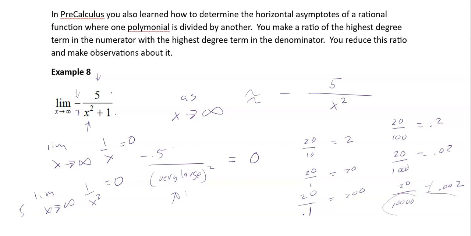Now, you get negative 0 in this case, but there's no such thing. So the limit as x goes to infinity of negative 5 over x squared plus 1 is indeed 0. Okay, so you have a horizontal asymptote, you have a numerical value there.